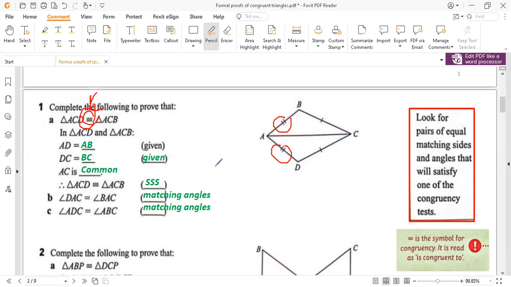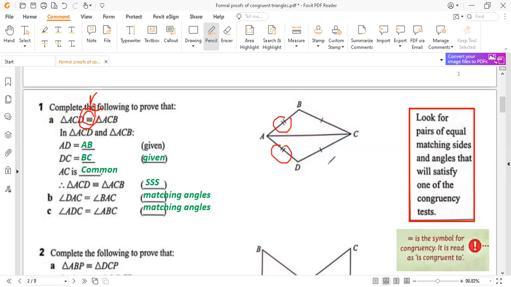So what are the results of having congruent triangles? All the remaining sides and angles, the ones not used in the justification of congruency, are all equal.